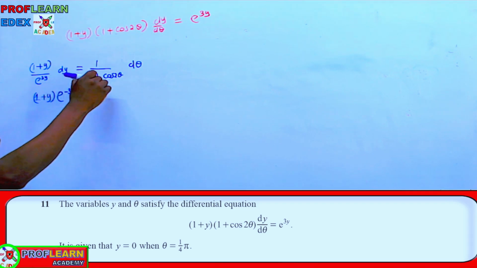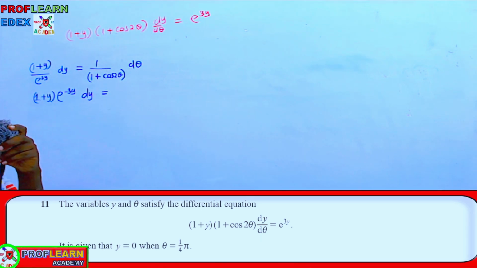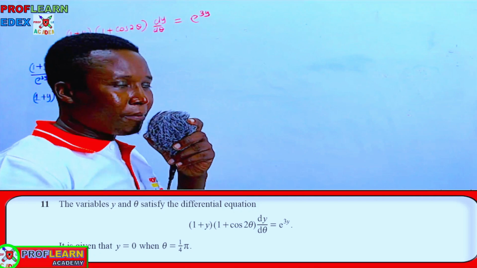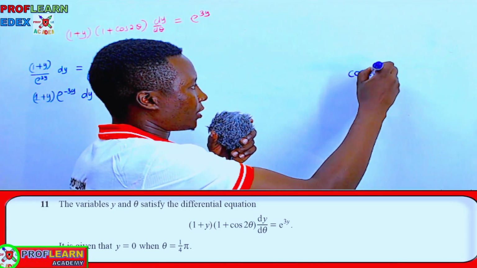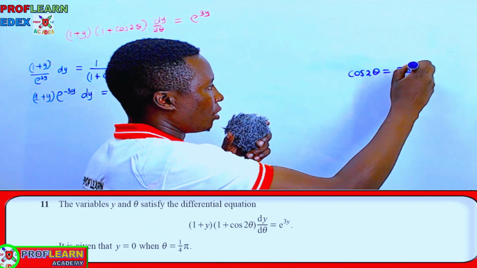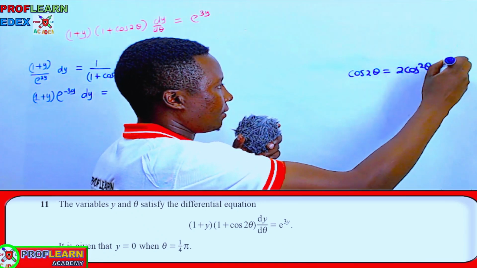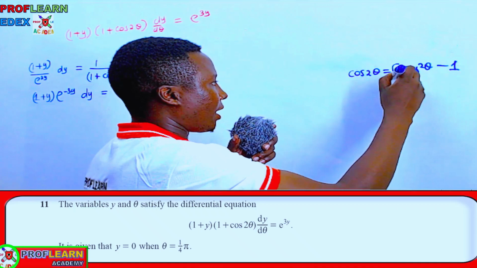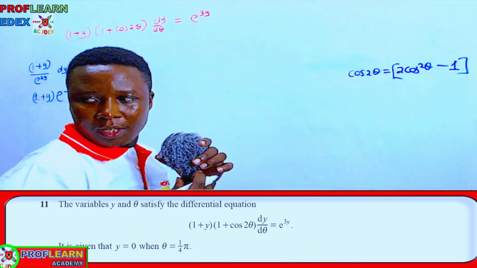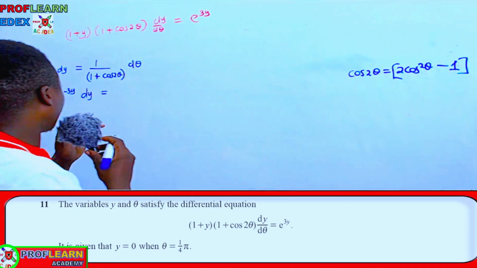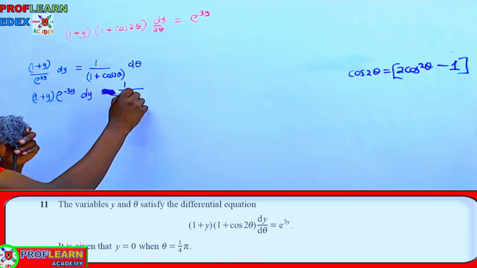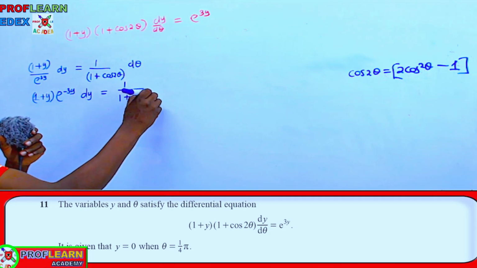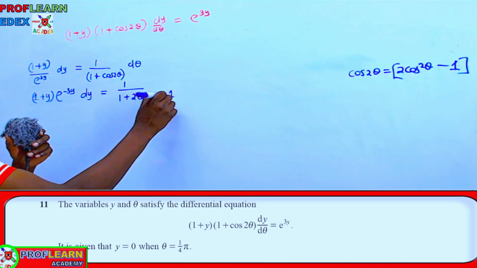then I can see here I'm having a double angle, and I need to remind you that when you are having cos 2 theta, this is the same as 2 cos square theta minus 1. So I can replace this in the place of cos 2 theta. So this can be arranged as 1 plus 2 cos square theta minus 1.